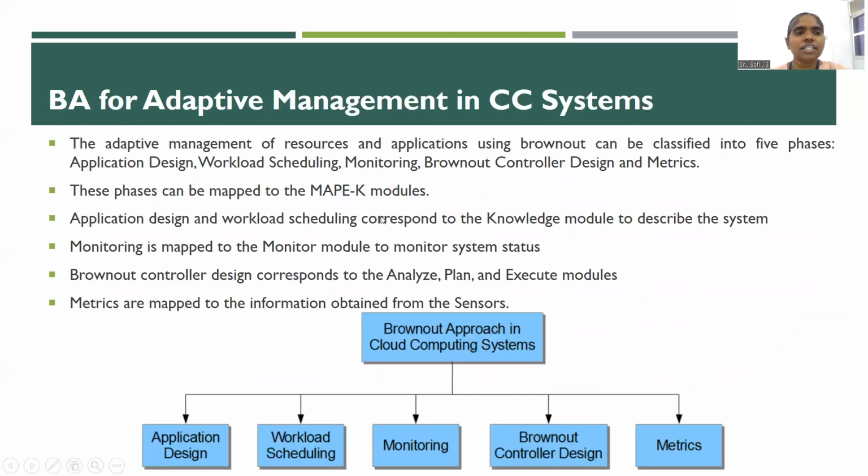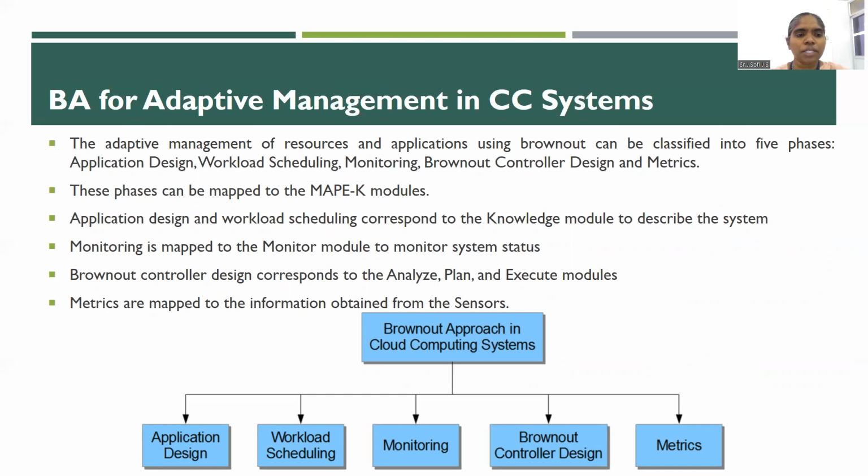So here it is the brownout approach for adaptive management in a cloud computing system. So here what we do is provisioning of applications as well as resources, right? This adaptive management of resources is divided into 5 phases: application design, workload scheduling, monitoring, brownout controller design, and metrics. These phases can be mapped to MAPEK modules.